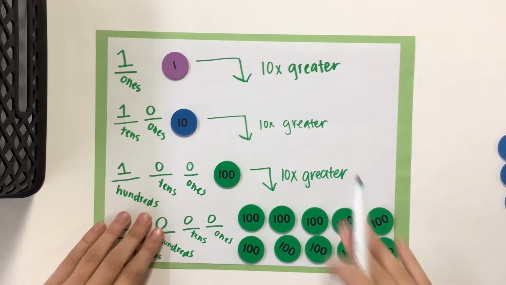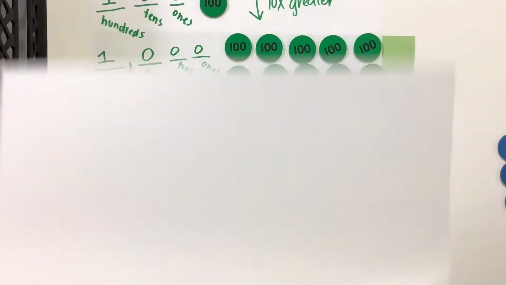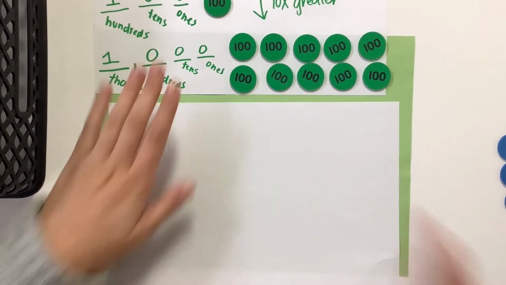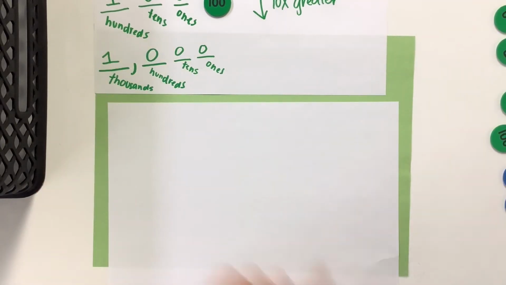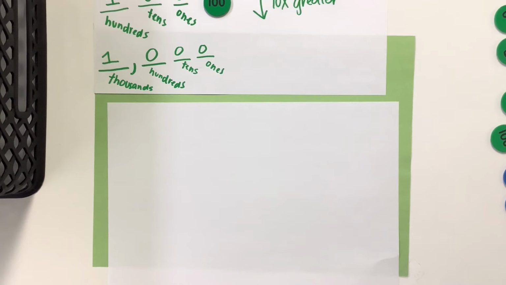Probably. Let's try it one more time, because I know you guys are loving this right now. Okay. If I replace all of these with a, what's the place next to the 1,000s? Oh, I just spoiled it.